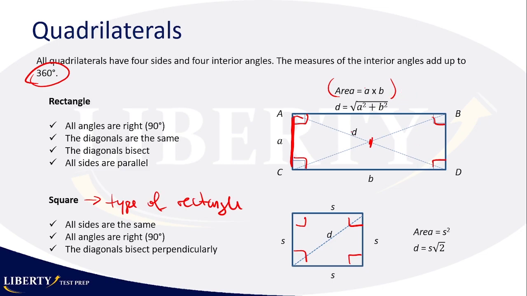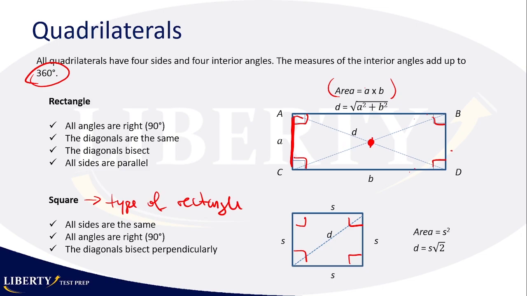So this point here is the midpoint of the first diagonal, and of the second diagonal also. All sides are parallel and perpendicular: the lengths are parallel to each other, the widths are parallel to each other, and the width is perpendicular to the length. Those are the characteristics of a rectangle.